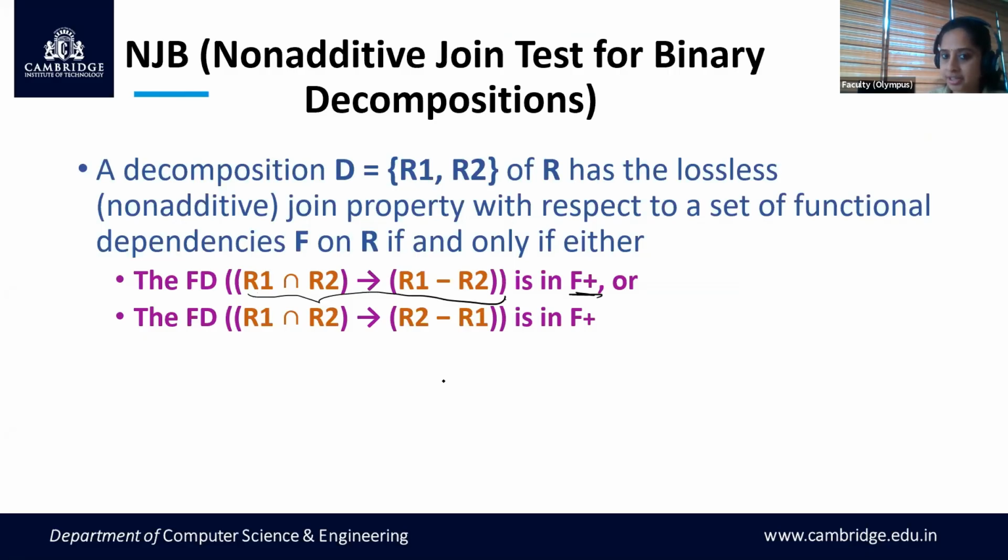If it is one of the given F plus, or this FD should be in this F, then only I can say that D is satisfying the decomposition, whatever you have done for the two tables you have decomposed. Is that clear?